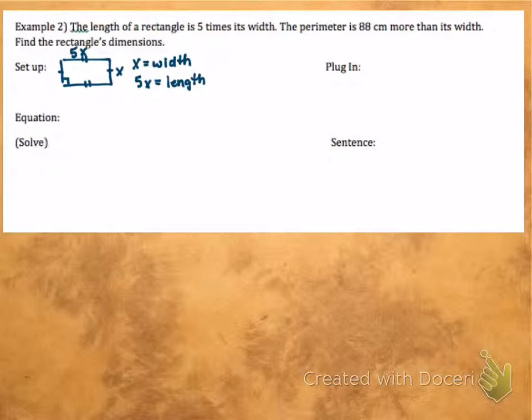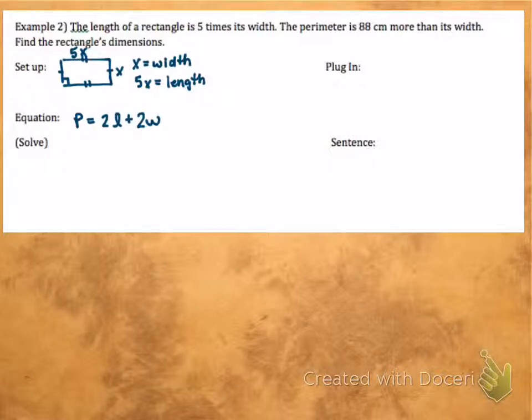And then the equation is kind of given to us when we're given a perimeter problem, if we know the perimeter formula. You could add the whole way around, but typically you're given the perimeter formula as perimeter of a rectangle is 2 times the length plus 2 times the width. And so we can plug in the values for that.